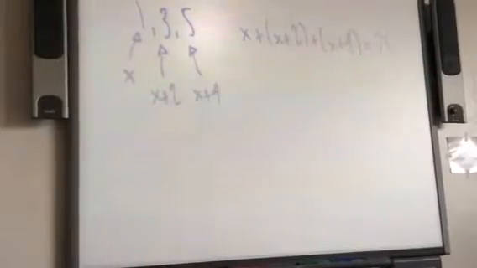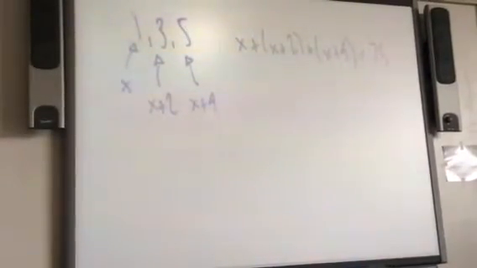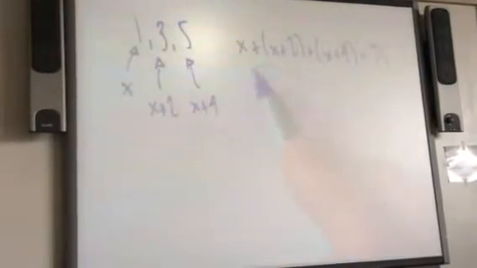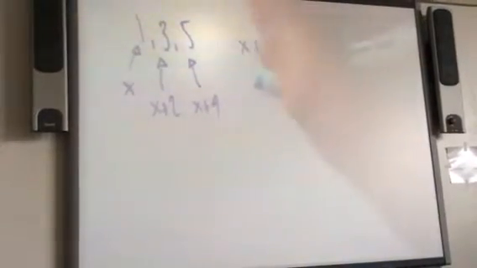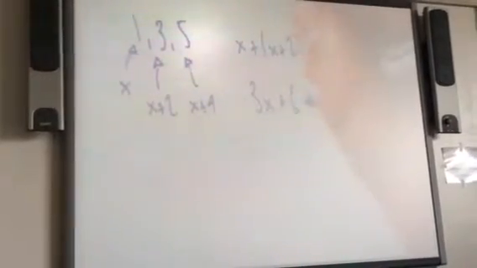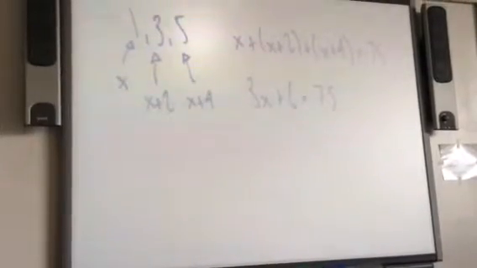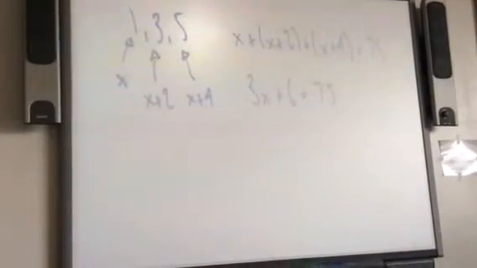This problem is going to tell me what my x, the first number, is, and then I'll know what the next 2 numbers are as well. So if I combine my terms here, there's 1, 2, 3 x's, and 2 plus 4 makes 6. So I have 3x plus 6 equals 75. Then I just solve this problem.